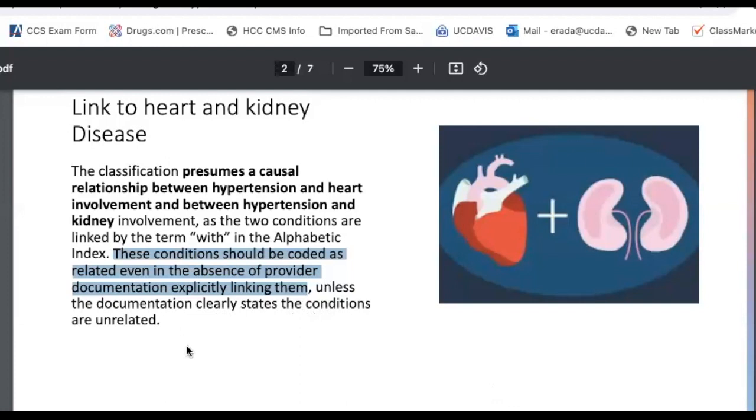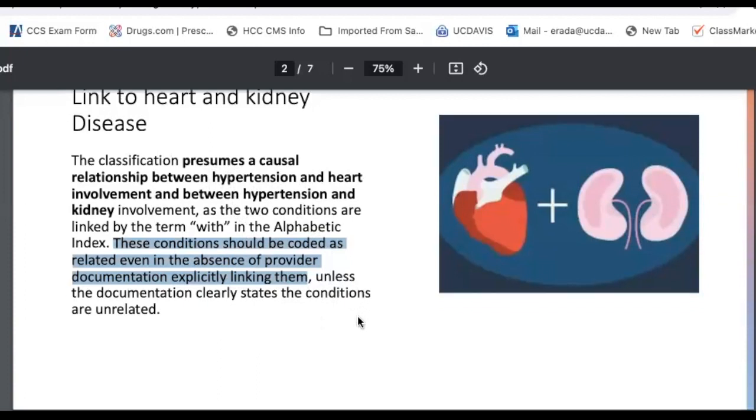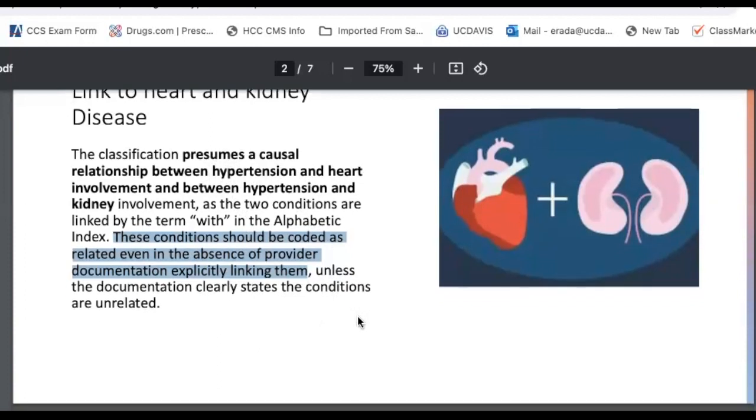But you know, the guidelines, giving fairness to all stakeholders, need to have that disclaimer here unless the documentation is saying so, right? So that is your hypertension being linked to these other two conditions, which is heart disease and kidney disease.